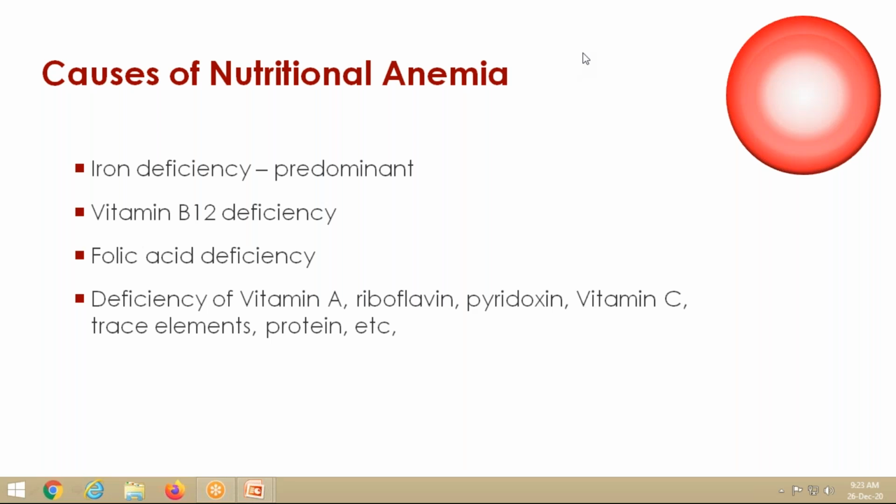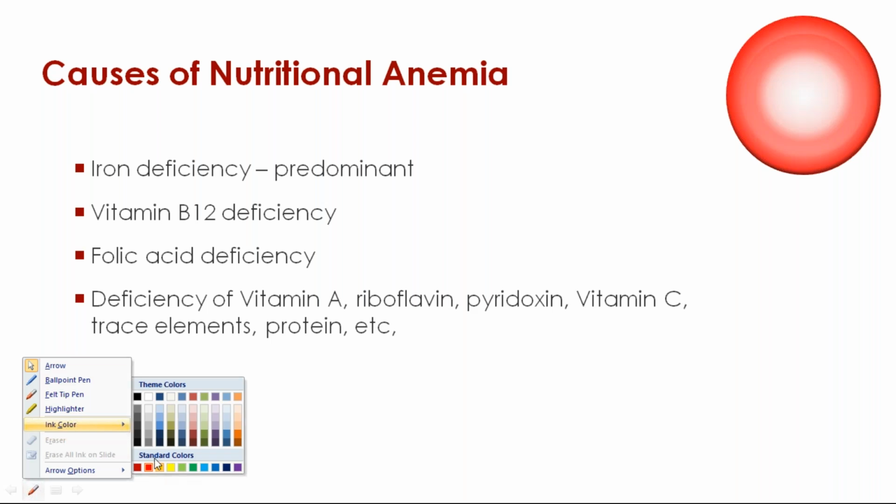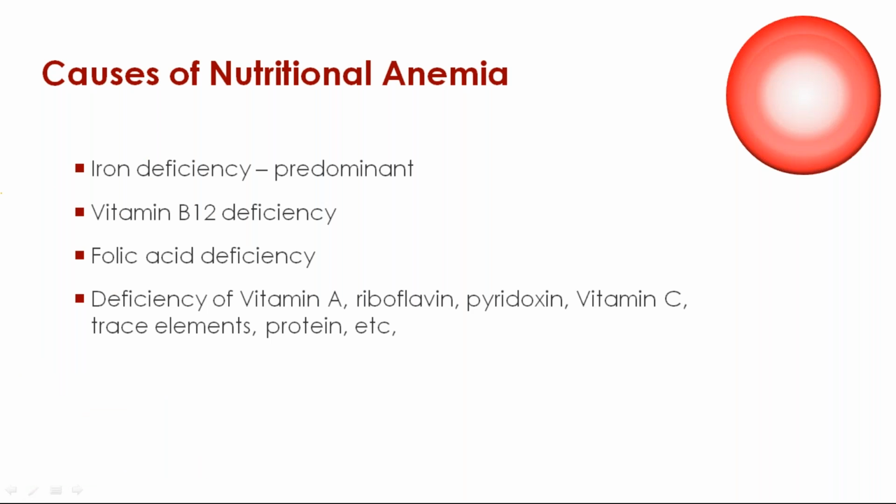Now coming back to the nutritional anemia. What could be the causes of nutritional anemia? All of you are familiar. The first and foremost is iron. Iron deficiency anemia is the most prominent, so we spend more of today's talk on iron deficiency anemia.